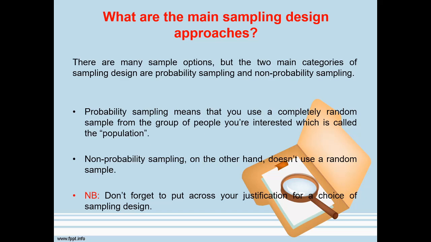By using a completely random sample, the result of your study will be generalizable to the entire population. In other words, you can expect the same results across the entire group without having to collect data from the entire group, which is often not possible for large groups.